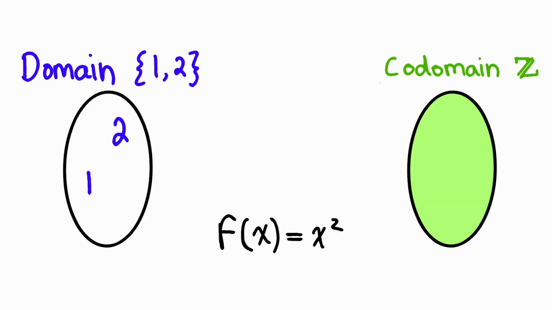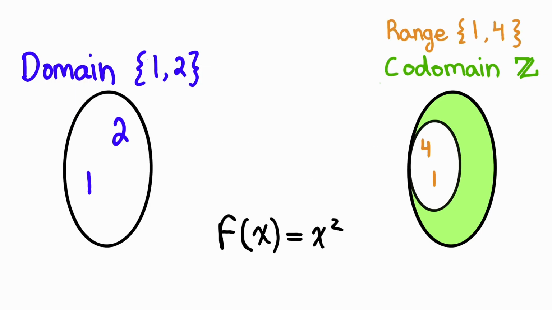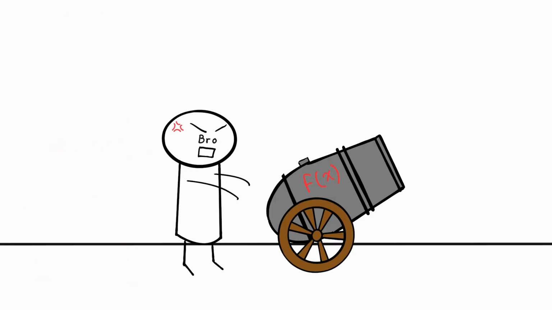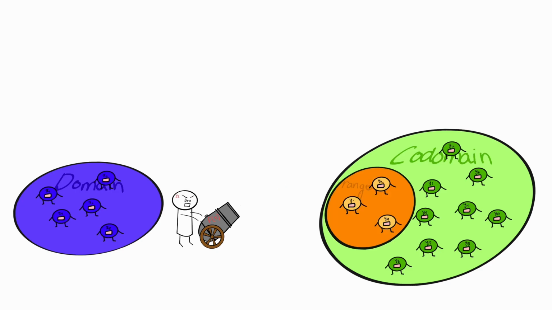As in this example, we were unable to obtain the remaining integers, except for these 2. Therefore, the range is just 1 and 4 for this particular function. It's like saying that this function is only going to hit this and this value right here. And unfortunately, it's not going to be able to hit these other values here because it is out of my range.